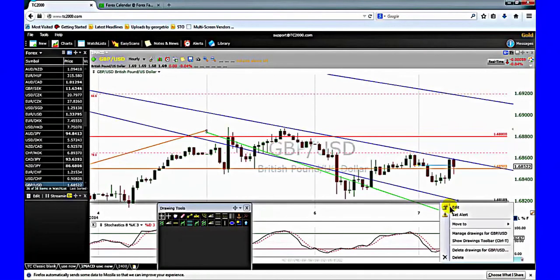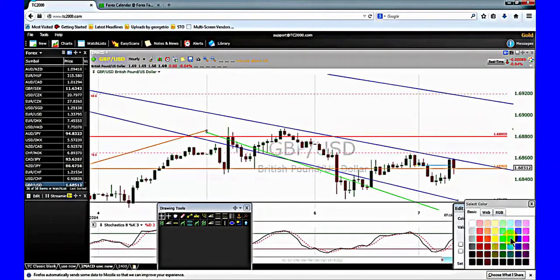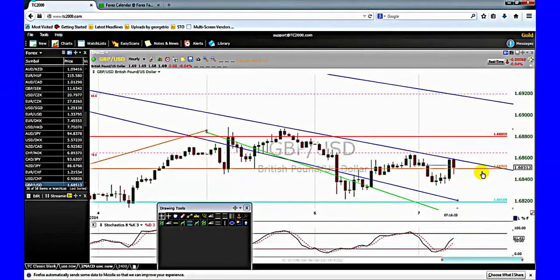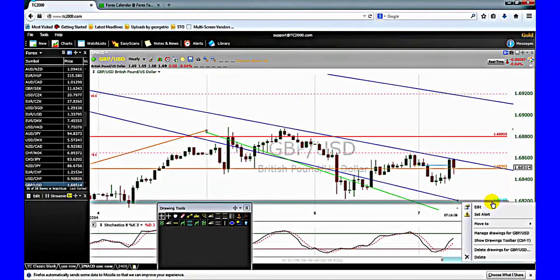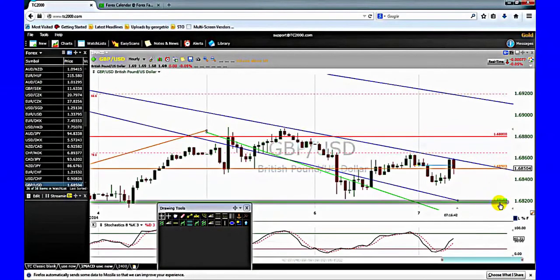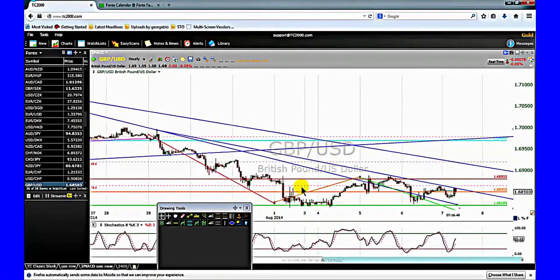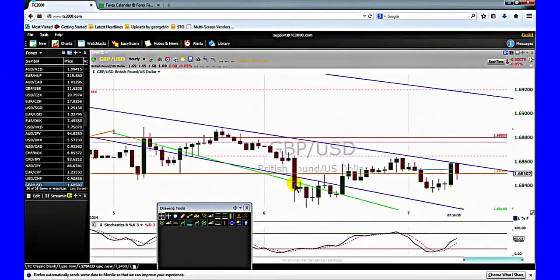That I will color in green. Okay. Now, in fact, I'll use turquoise. That's my target here. At once, change it to green, so I don't get confused. So 16818. That's my target. It may go through it, all right. It may pierce through it and go down more, but we will see.